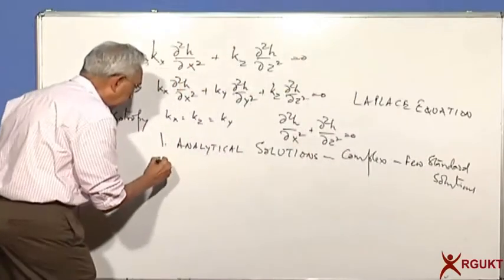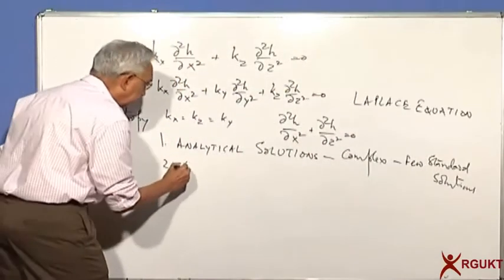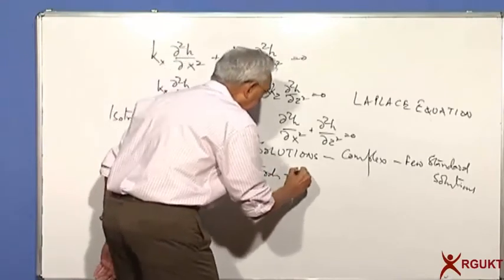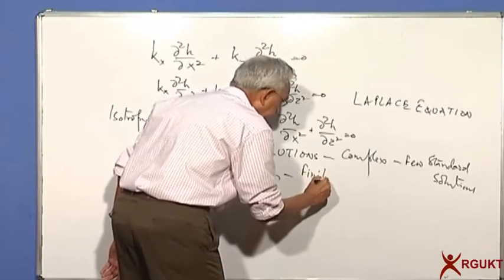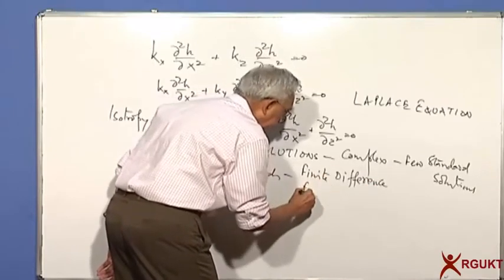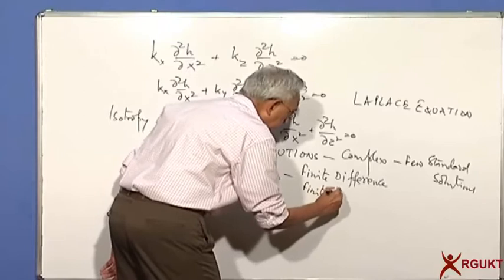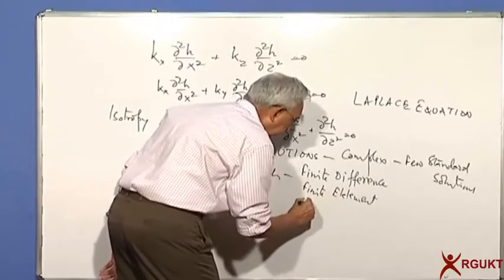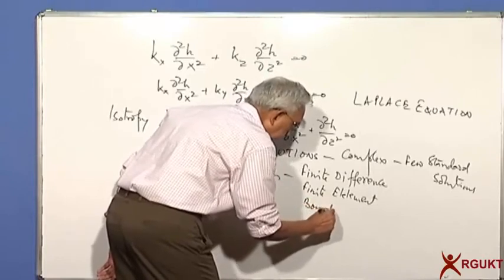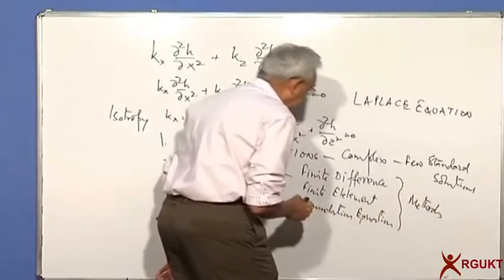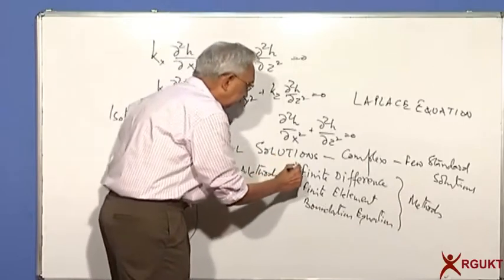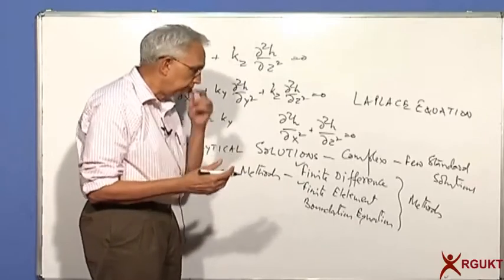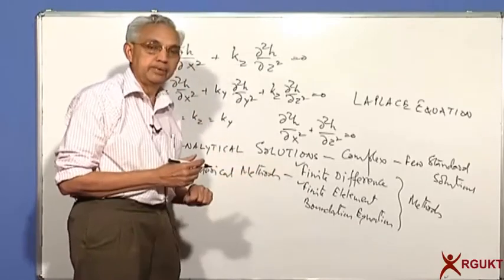The second most popular now, with all the good computers, are the numerical methods, what we call the finite difference method, finite element, and boundary element method. These are fairly easy, and particularly the first two, you get very good standard packages. In your computer applications course, probably you will be able to use them.